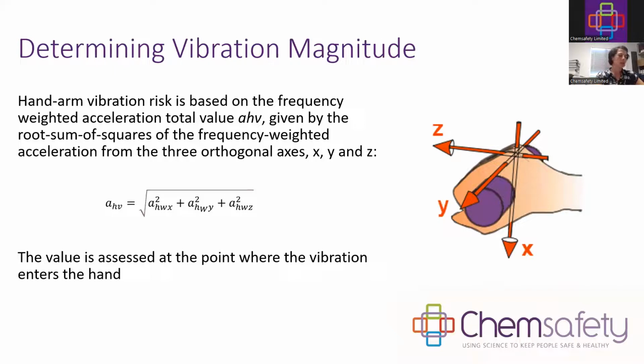And then the total frequency weighted acceleration of those three axes is calculated, and this has to be done at the point where the vibration enters the hand. So if you're holding the tool, you will typically measure it as close to the tool as possible and not at a different position on your arm or your shoulder or your elbow.